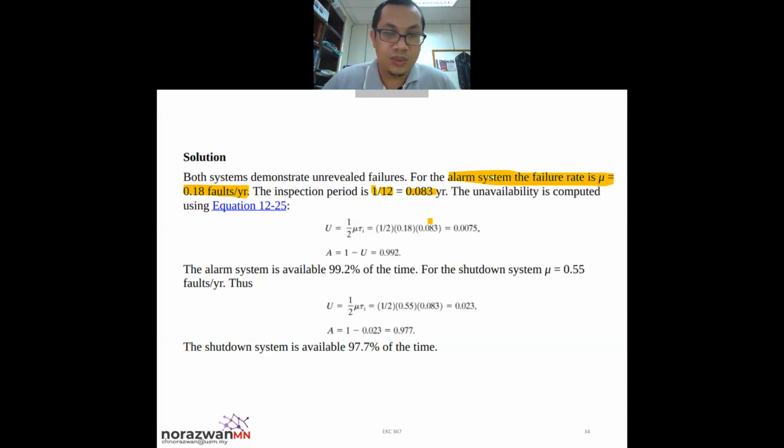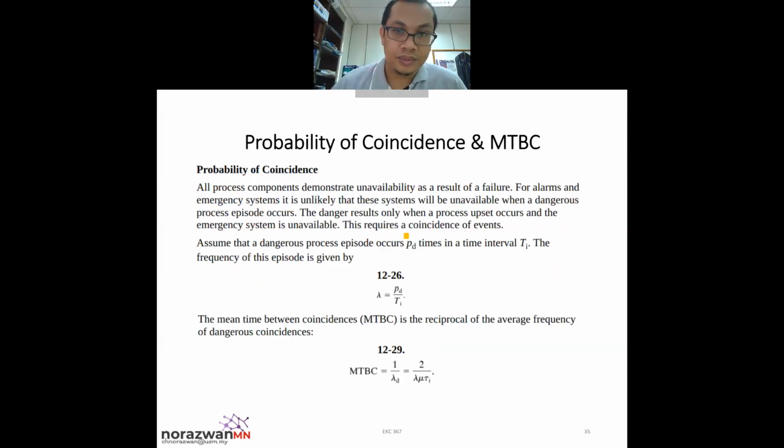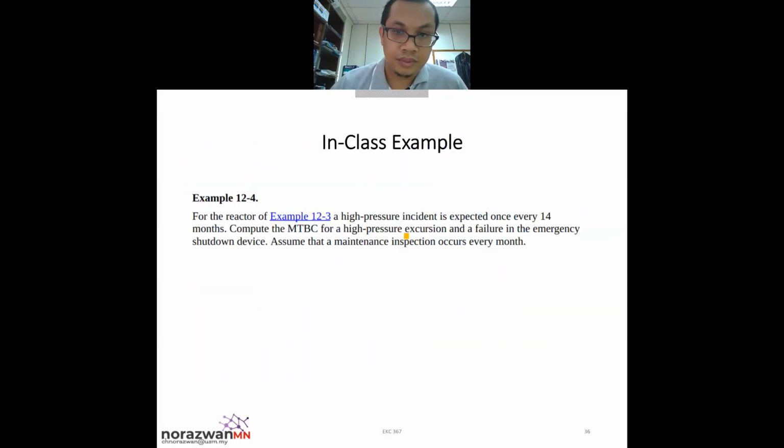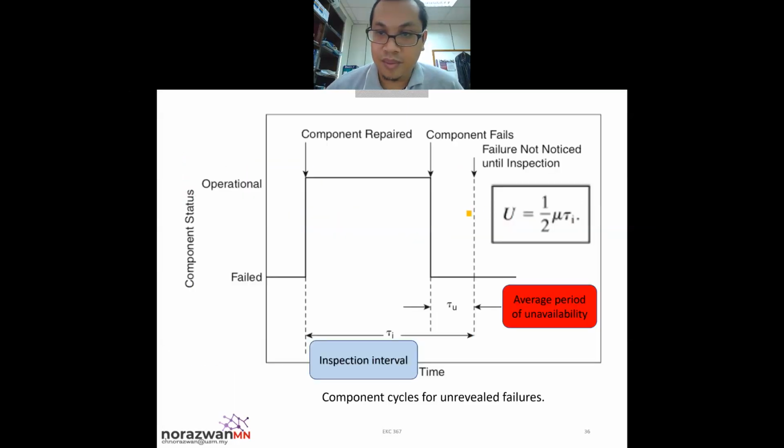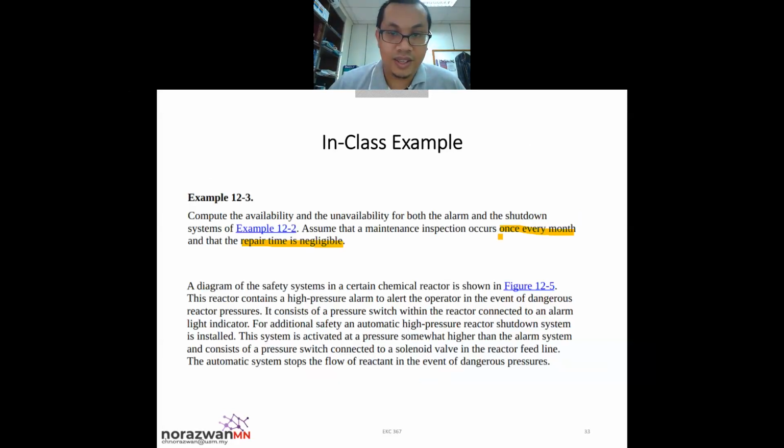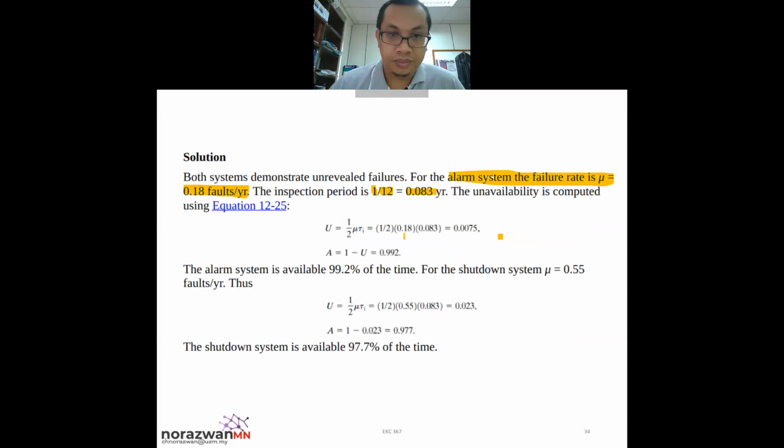So what is U? This formula is for unrevealed failures: U is equal to 1/2 mu tau I. Both systems demonstrate unrevealed failures, remember.